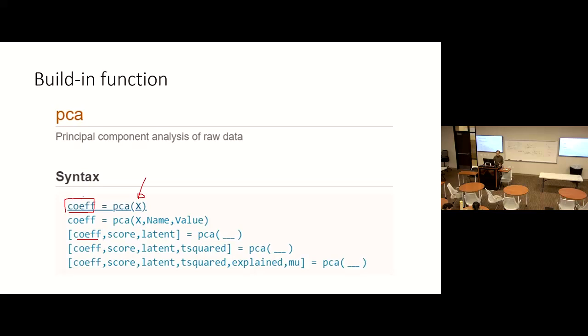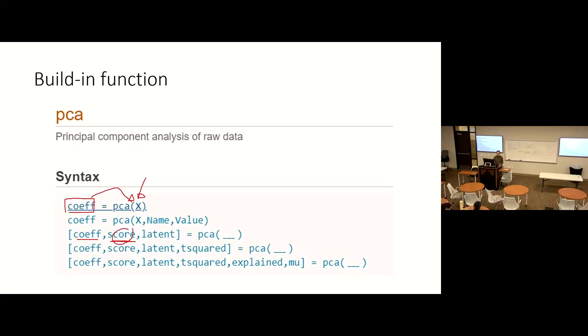You can use this rotation matrix to rotate your x and obtain the rotated new coordinates. If you ask for score, the score is the result after rotation of x.